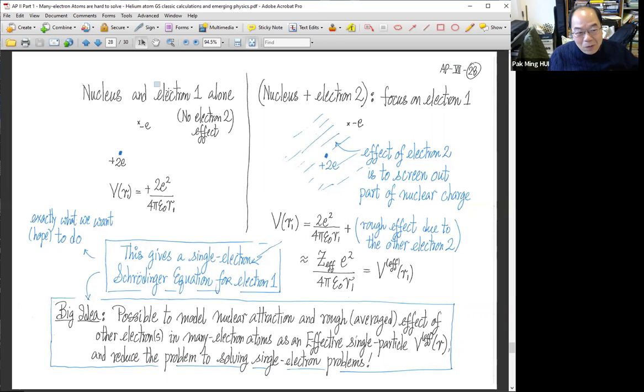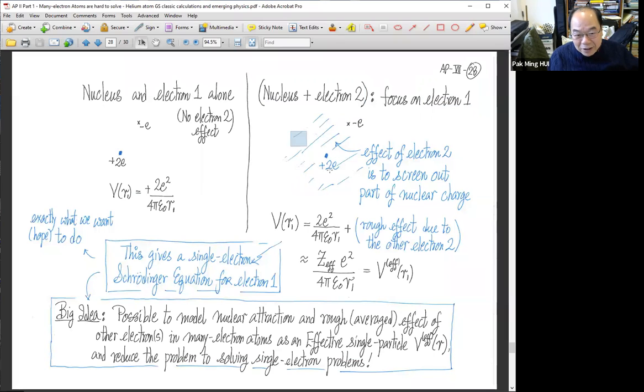If there's only electron 1 alone seeing the nucleus, it will see the full 2e charge. But it's not the case. What electron 1 sees is the effect of the nucleus plus electron number 2. Electron number 2 has a single-electron wave function spreading itself around the nucleus, and it is negatively charged.